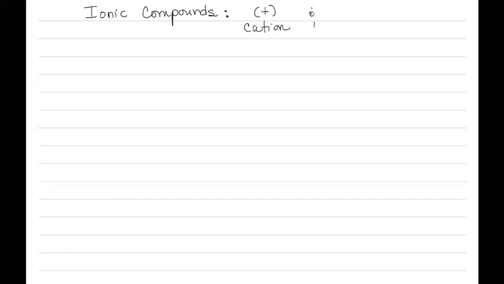And like it was placed in the chat, we need something that is negatively charged, which we call an anion. Now, we're going to have different types of cations and anions that you need to be familiar with.